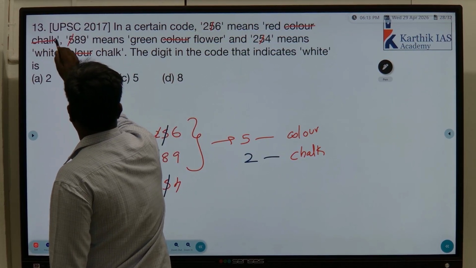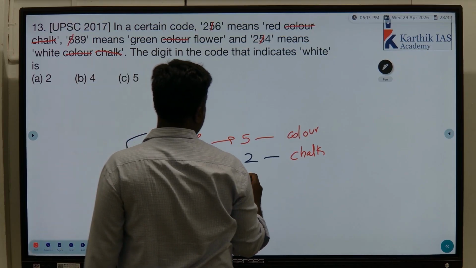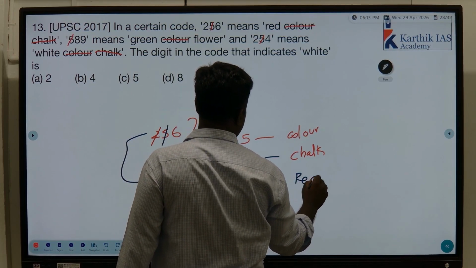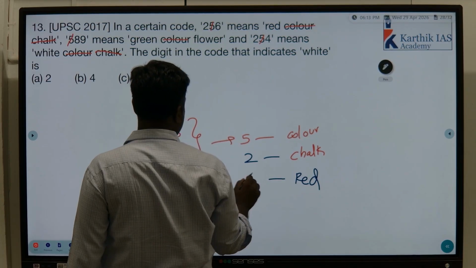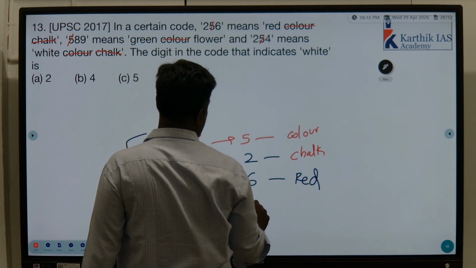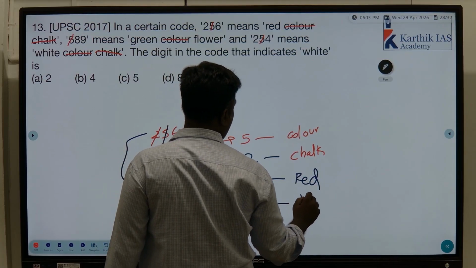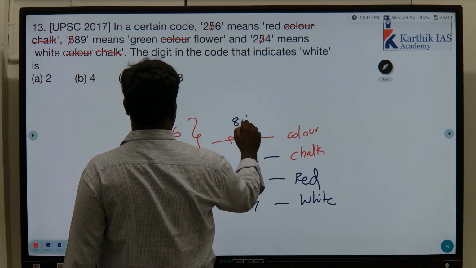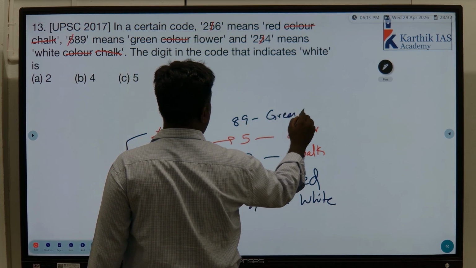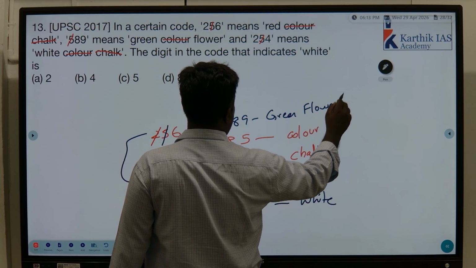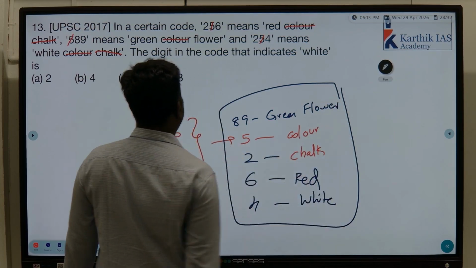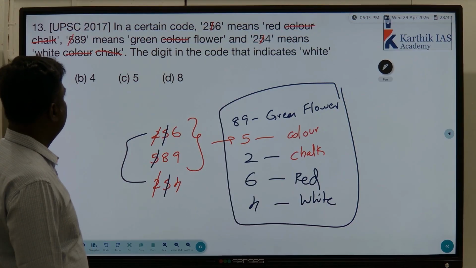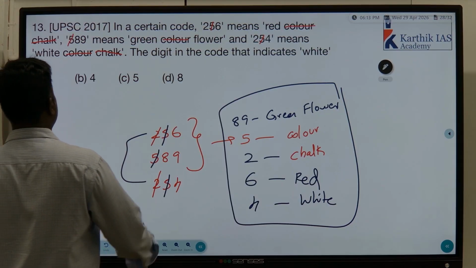So now red means 6. White means 4. Understand? 8, 9 we can't. Green flower. All are important in coding. Understand? White is coded as 4. That's all right.